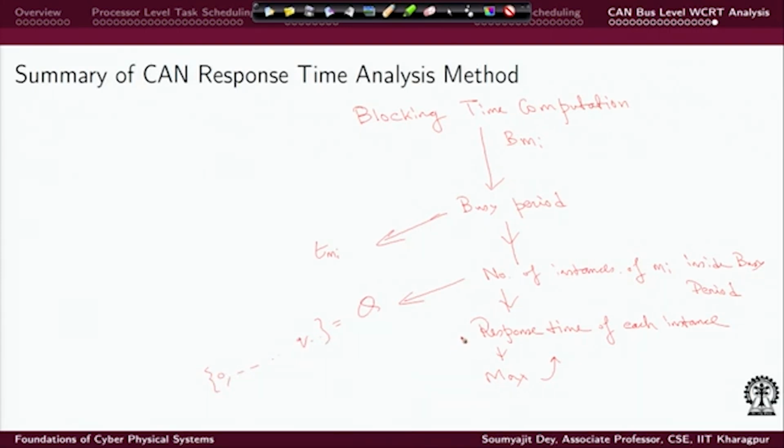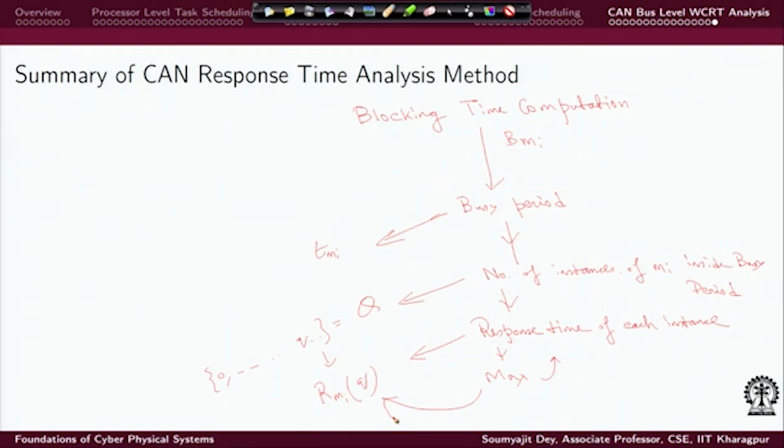And for each of these elements here, we computed the response times, right? And then you applied the max over them, and that gave you the worst case response time here, right?